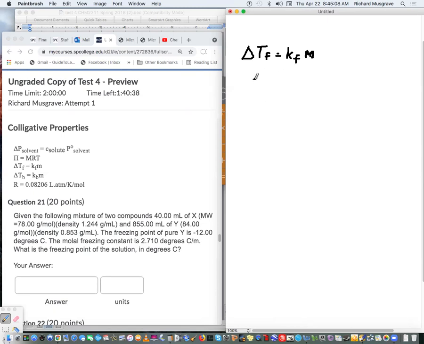So our first mission is to find the molality. Now, molality is going to equal moles of X over kilograms of Y. So that's going to be my first mission, to find the moles of X. Now, I do have the milliliters here, and the density is 1.244 grams per mil.